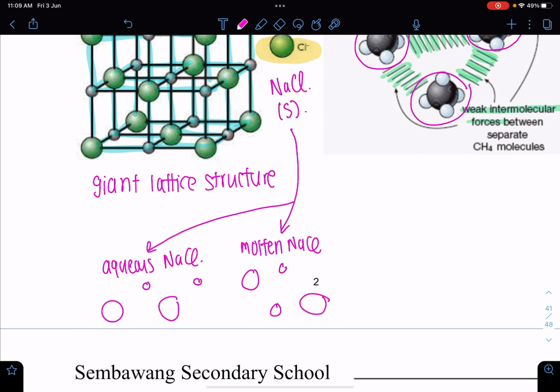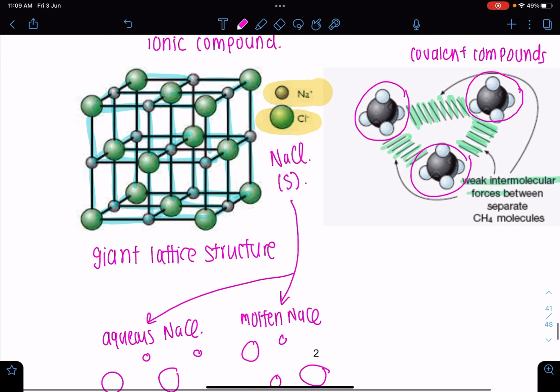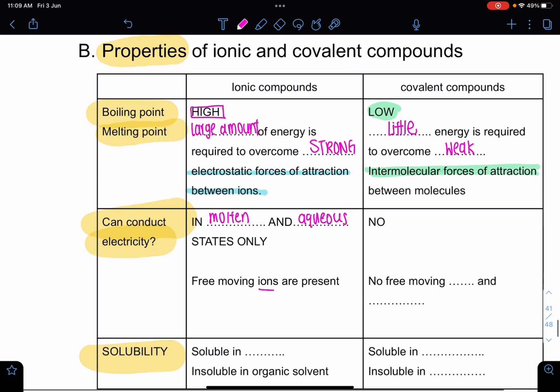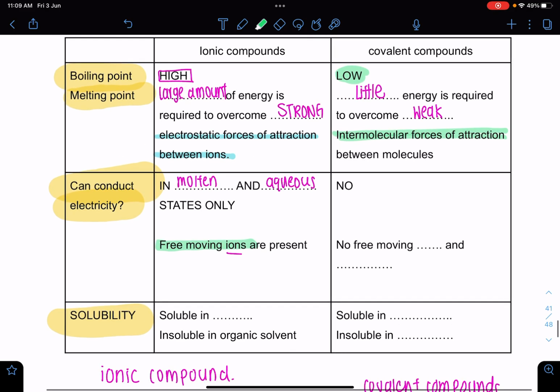They are no longer held in this regular cage that is the giant lattice structure. So only in the molten and aqueous states are there free moving ions present. However, covalent compounds are not able to conduct electricity in any state. Why? Because there are no free moving ions or electrons.